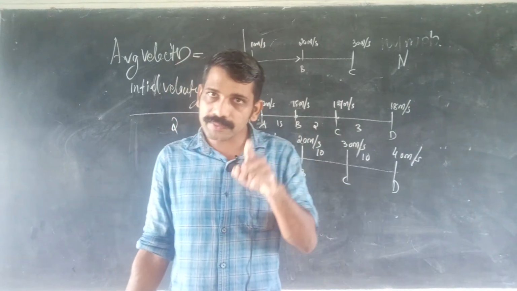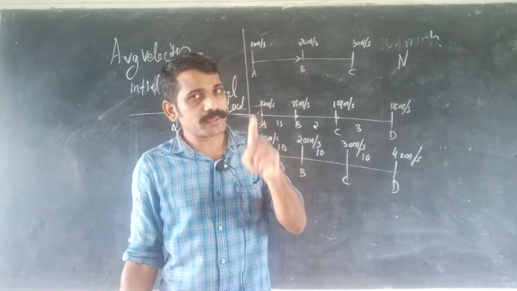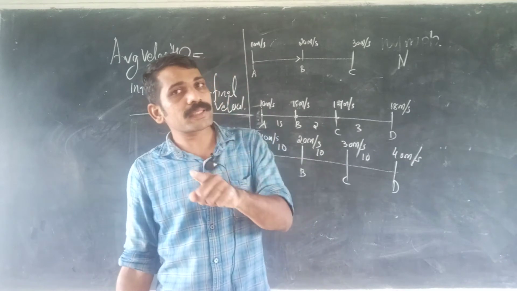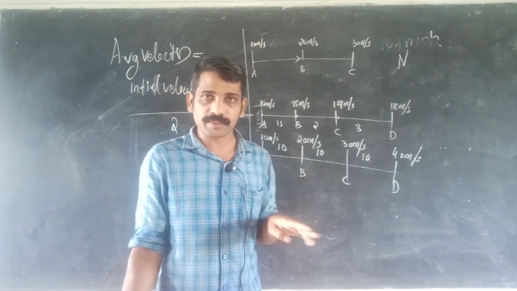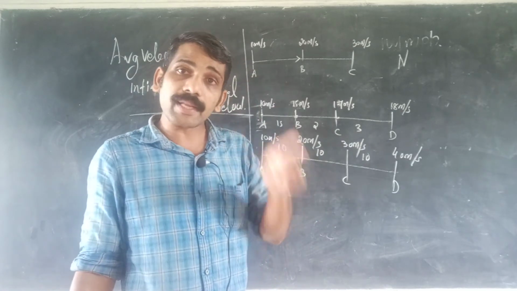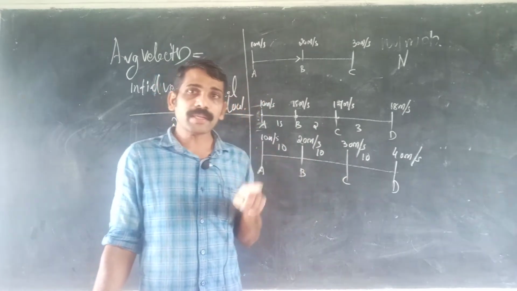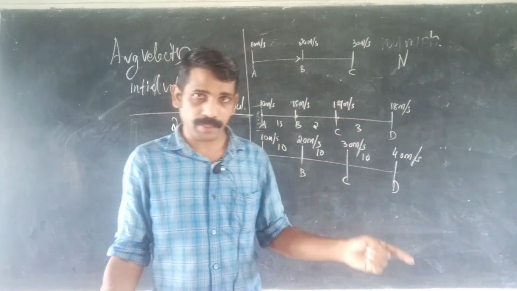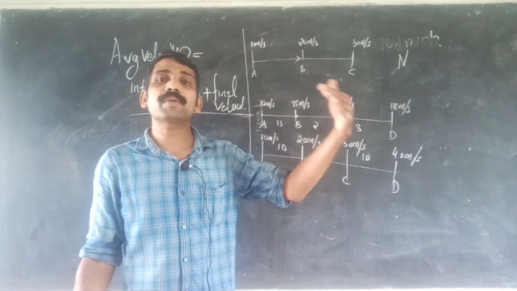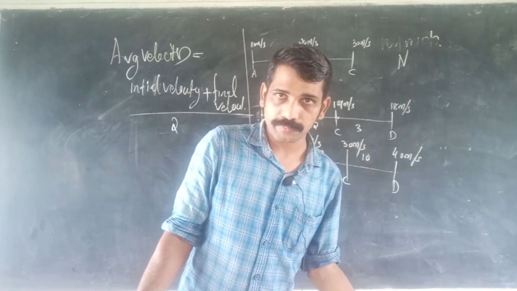Understand? One is velocity varying at a non-uniform rate, and also velocity varying at a uniform rate.